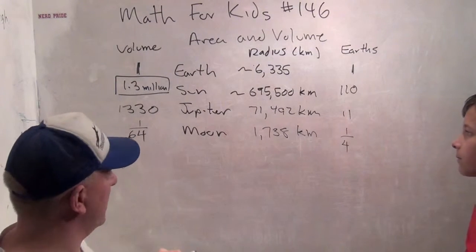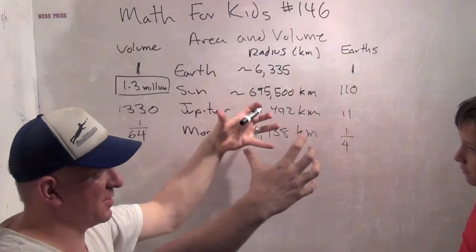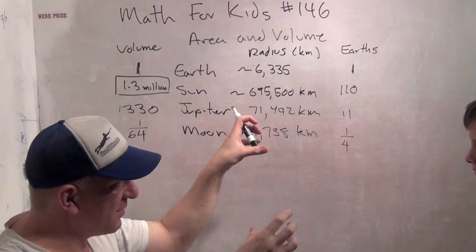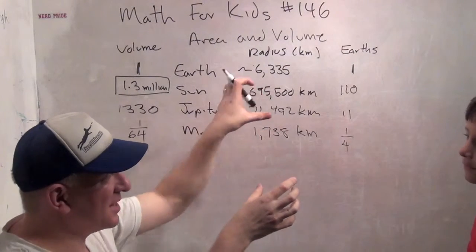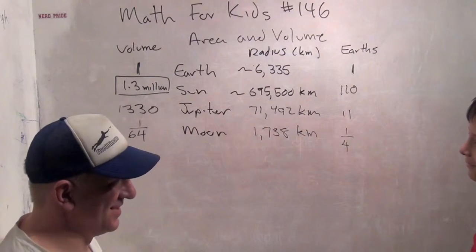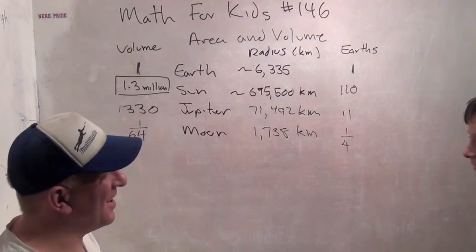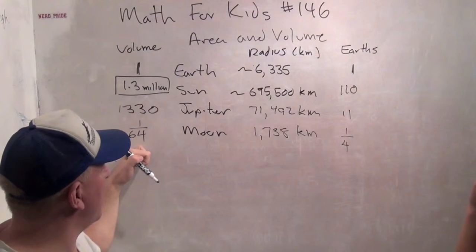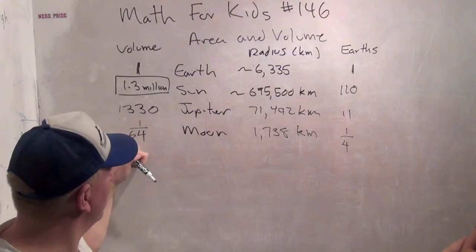If I had a cup the size of the Earth and a bucket the size of the moon, I would just have to pour a little tiny bit in, 1/64 of the Earth. It would be like a thimble-sized bucket. So the moon's volume is 1/64 as big as the Earth.